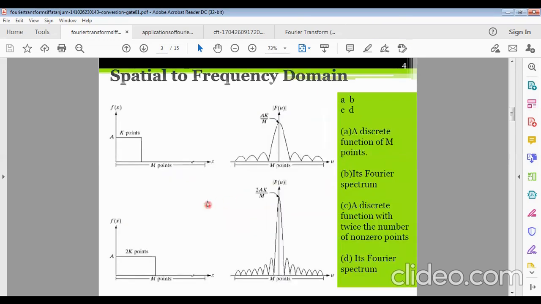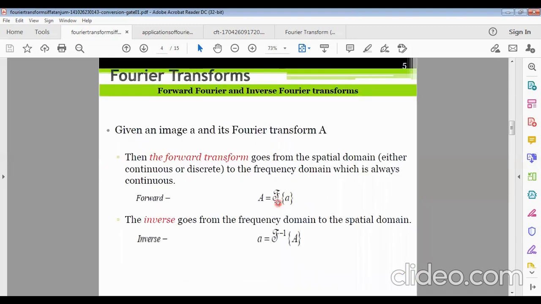And this is the geometrical interpretation of the frequency domain. And this is the Fourier spectrum for discrete and continuous. It is also used in image processing.